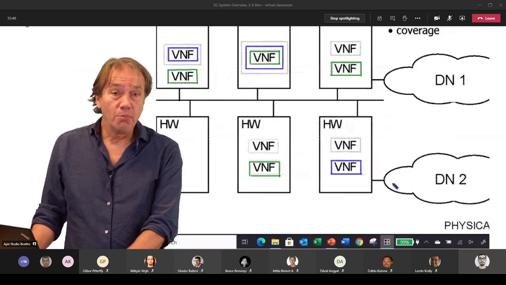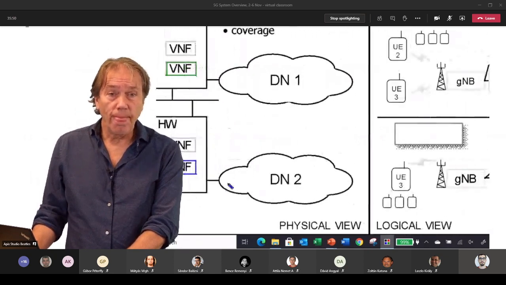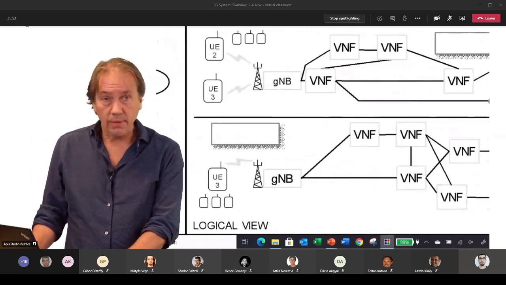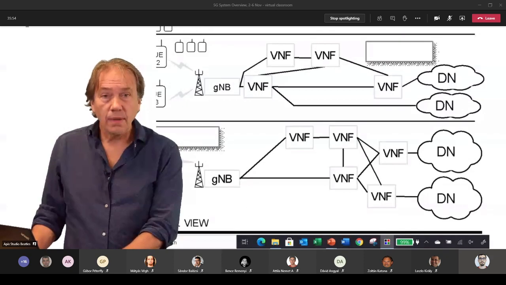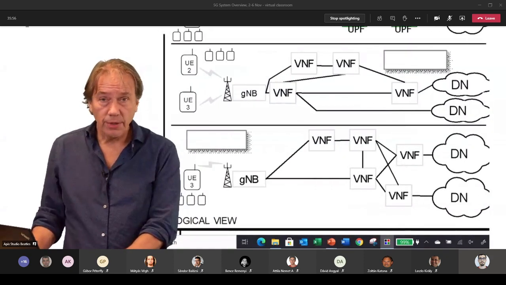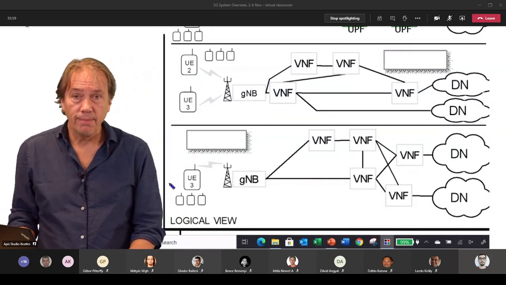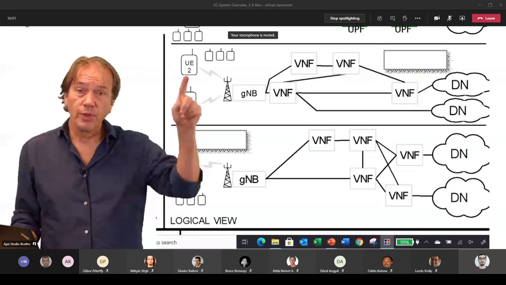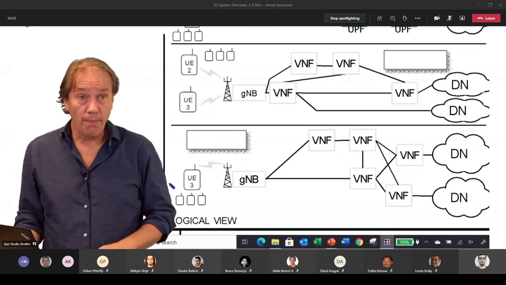So let's move over to the other side, and let's zoom out a little bit. UE number 2 belongs to the blue network slice.